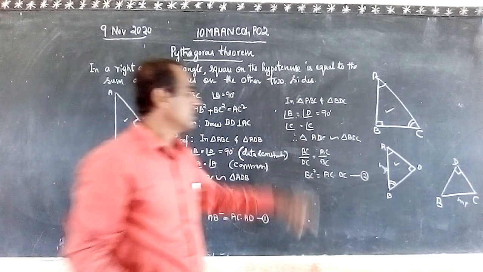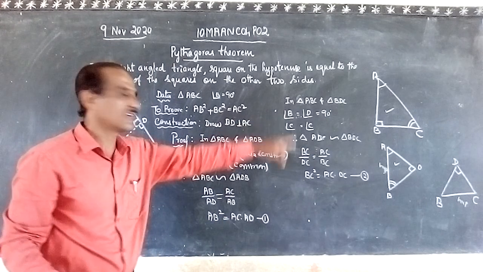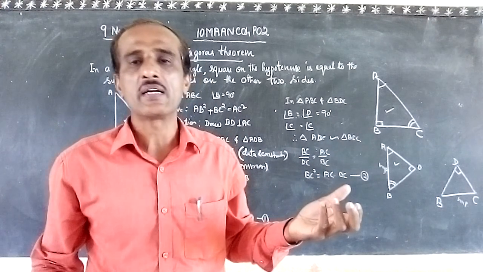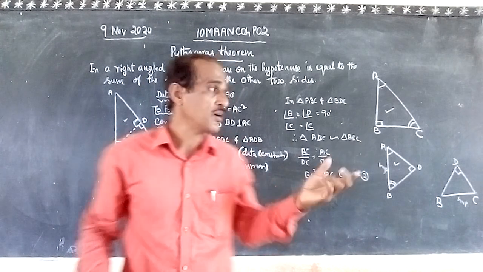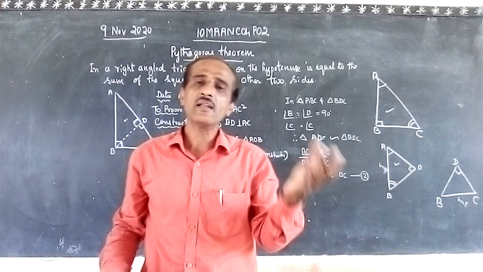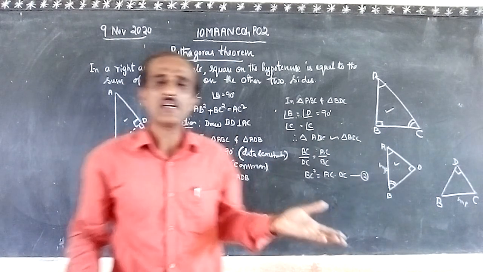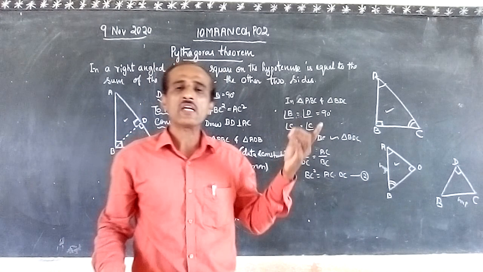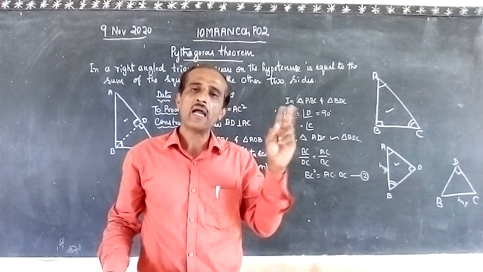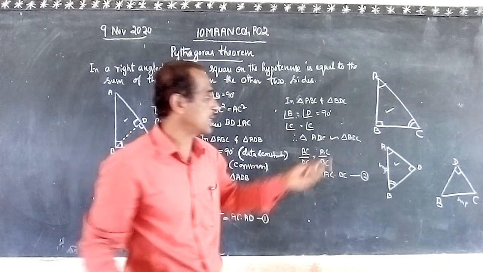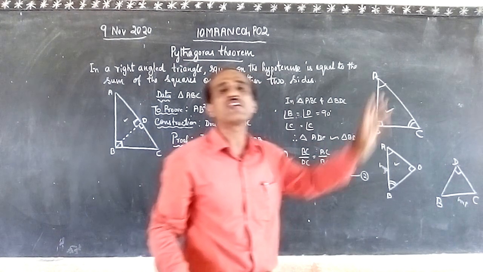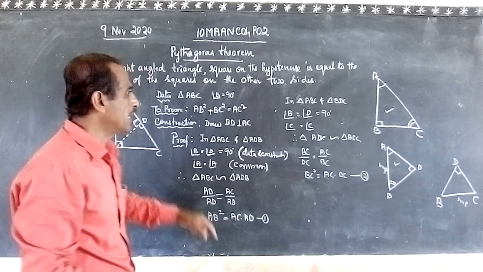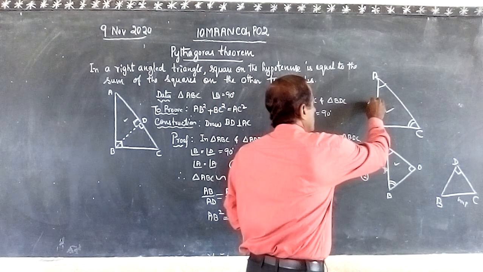If you compare those two triangles, you have learned in similarity of triangles that if two triangles are similar, that is, if the angles are equal, then the sides are proportional. So here angles are equal, therefore sides are proportional. So write the proportionality of the sides. Let us consider AB.